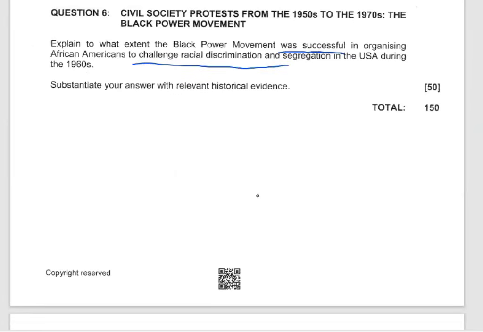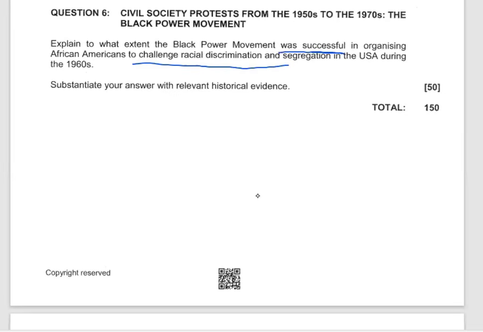How successful was it? To what extent was the Black Power movement successful in influencing African Americans to challenge the ideas of discrimination and segregation in the USA during the 1960s?